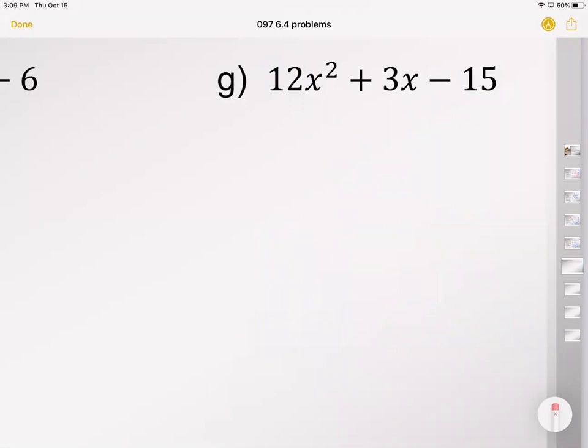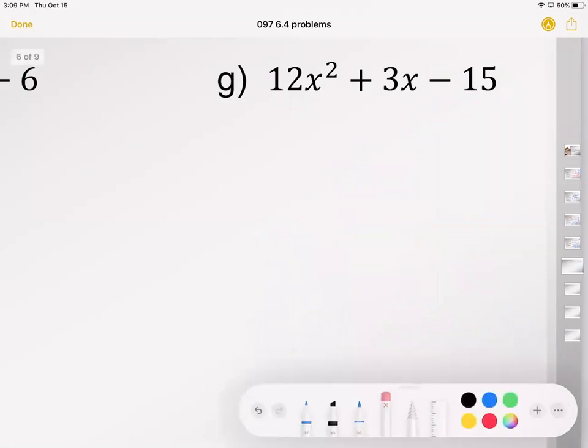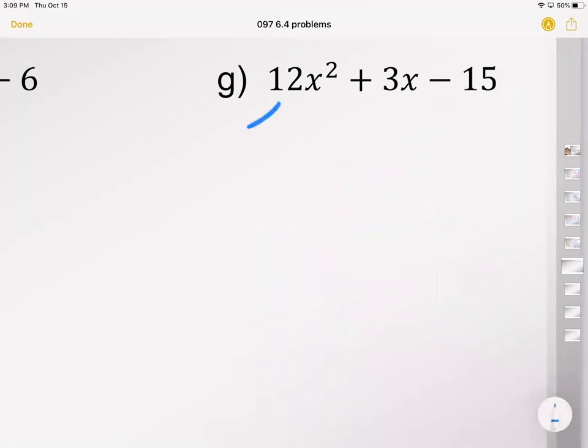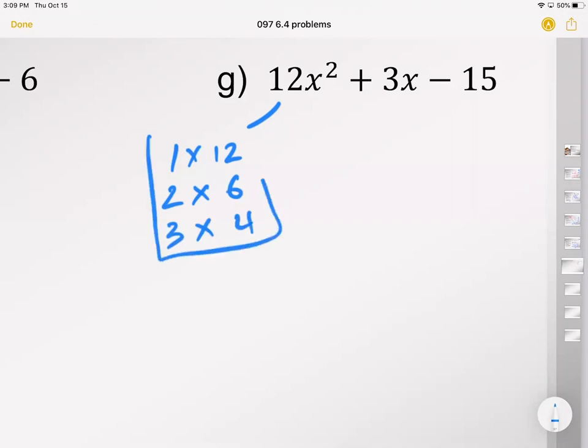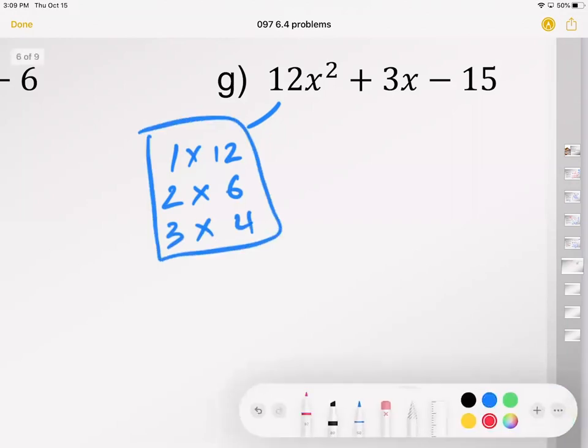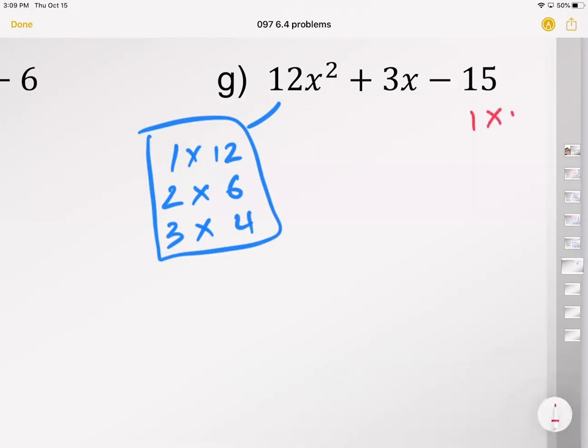If you don't do the AC method, you can do the guessing method. The guessing method basically tells you that this is a multiple of 12 and this is a multiple of 15.